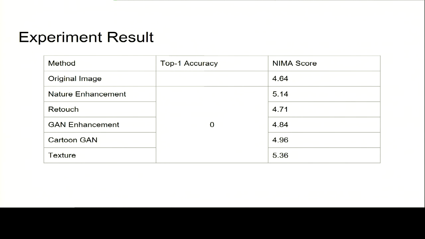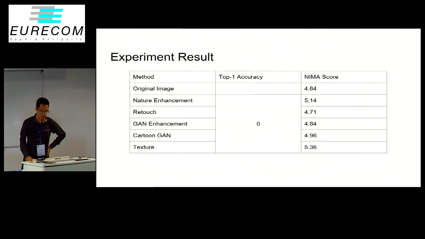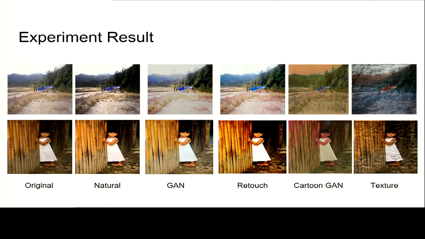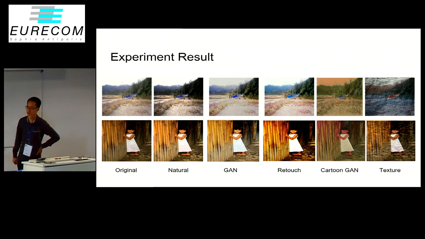The learning point from the authors is that the NIMA score is a good evaluation method on natural images, but for non-photorealistic or cartoon-like images it is not really accurate. Here is an overview of all the enhancement methods. You can see that natural enhancement is good, but the texture is not really clear at all.